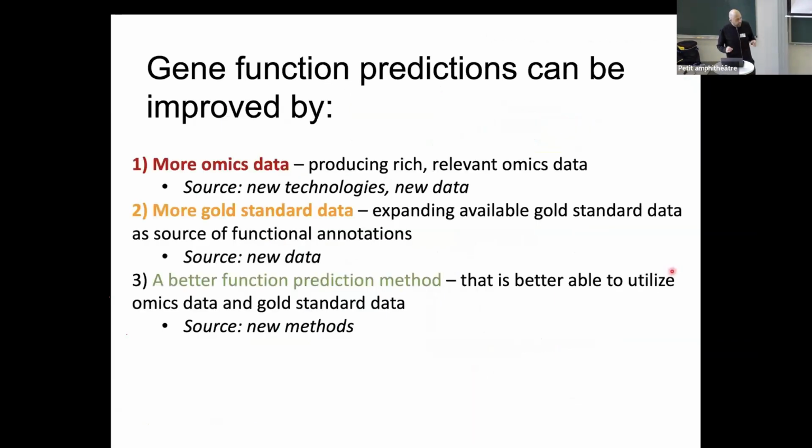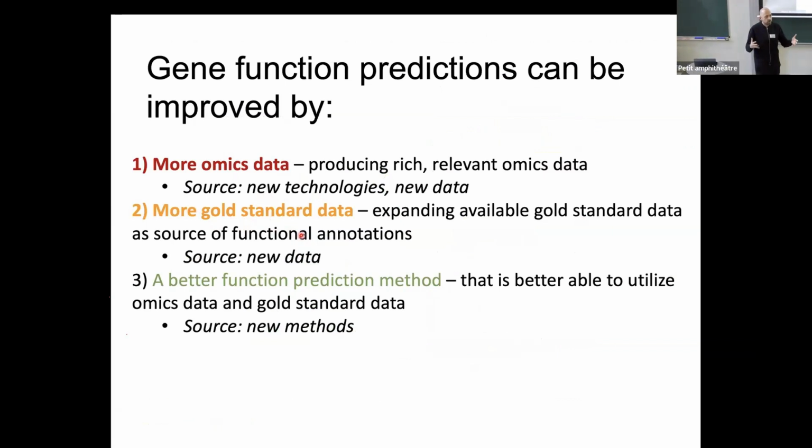So how can we improve gene function prediction? Well, we can improve it by improving those 3 different ingredients. For the omics data, we could have new data and new types of data. For example, single-cell sequencing is relatively new data, and more of it would allow us to build stronger models. We could also use more gold standard data.